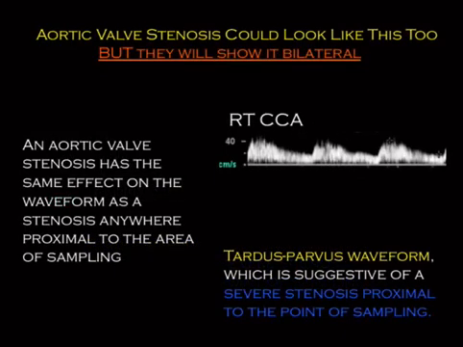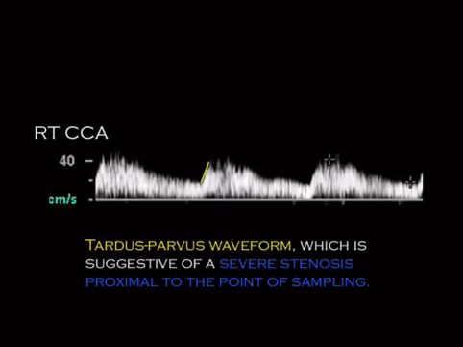The difference is that if they were going to show you a valvular stenosis, I think that they would show you both the right and the left common. Also, here's a thing that I didn't mention. This is the common, not the internal carotid. So we're measuring here.